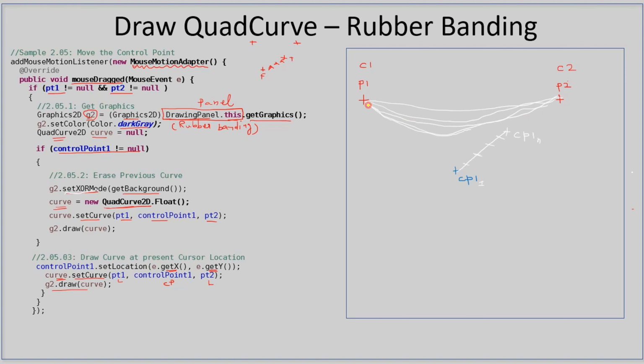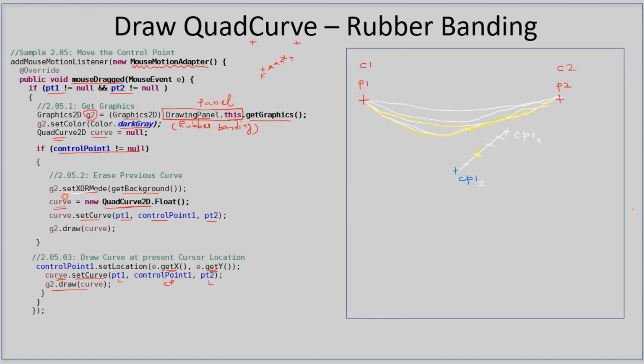So by setting the XOR mode, we will be drawing exactly on top of the previously drawn curve with the background color. That means it's kind of erasing the previously drawn curve and drawing the new one with the new control point location. Similarly, at each mouse drag event, you will be erasing the previously drawn one and drawing the new one.